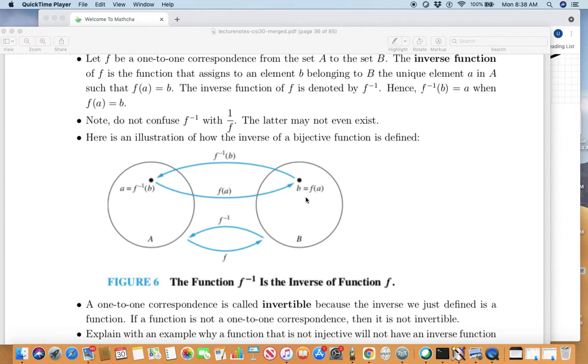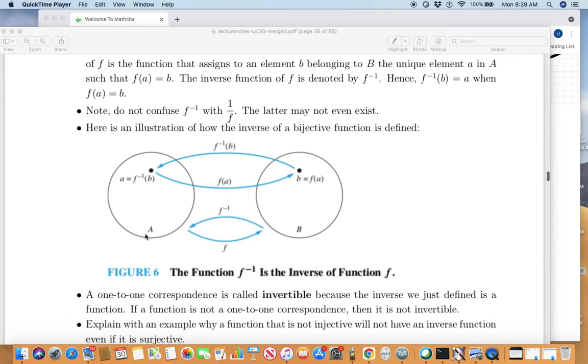Why is this well defined? Well, for every b, there is a pre-image because your original f is surjective. For every b, there is a unique pre-image because f is injective. So you see, you need to have a pre-image and you need to have a unique pre-image.